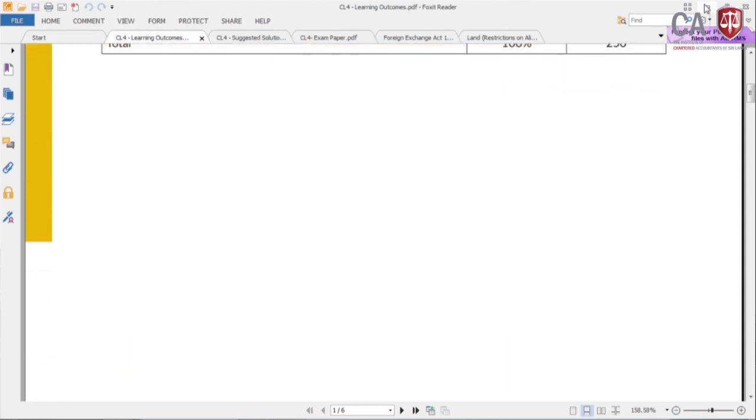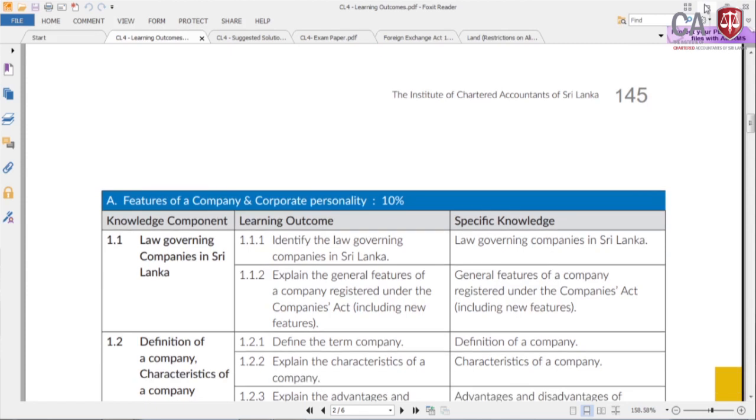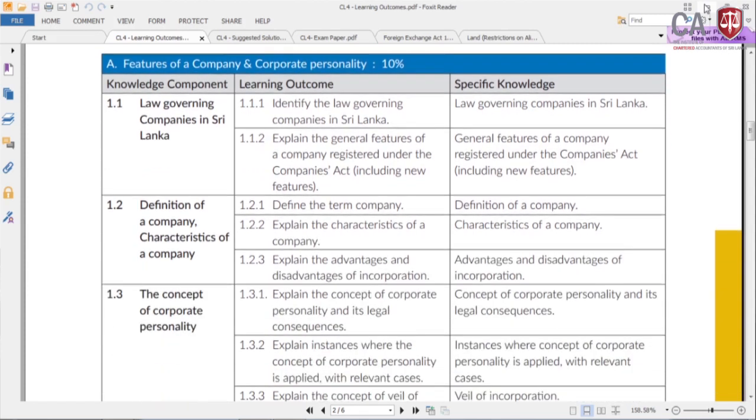Now you will see that these are the areas that we have covered in the features of a company and corporate personality, the law governing companies in Sri Lanka. The learning outcome for you is that you would be able to now identify the law governing companies in Sri Lanka, and you have to have specific knowledge of that law.